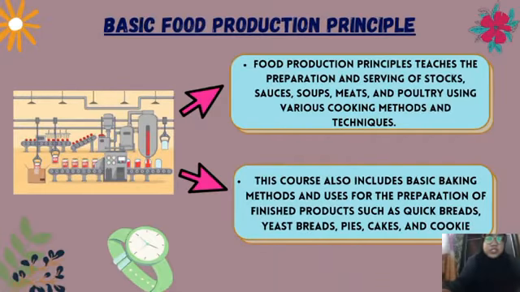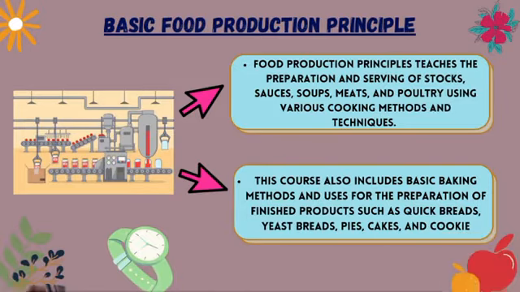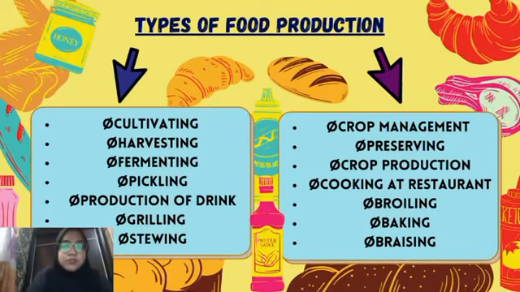Basic food production principles teach the preparation and serving of stock, sauce, soup, meat, and poultry. Types of food production: cultivating, harvesting, fermenting, pickling, production of drink, grilling, stewing.